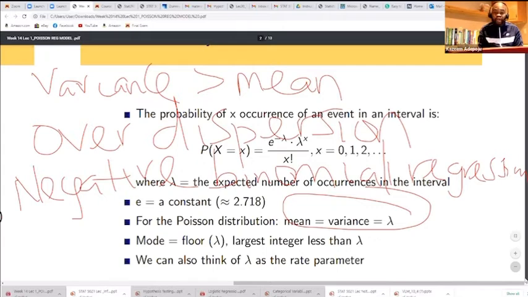Your model will be misleading, and that is the reason why you need to look beyond Poisson regression. In a situation where there's a problem of over dispersion, you're going to make use of negative binomial regression. And I told you what we mean by over dispersion: the variance of the count data is greater than the mean of the count data.